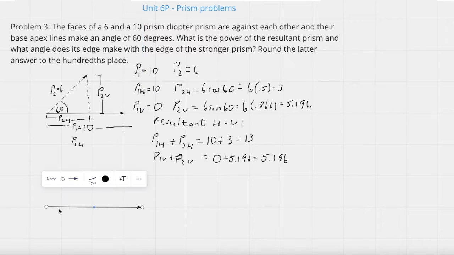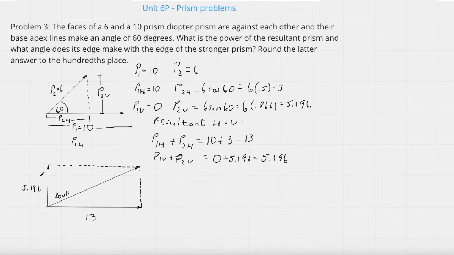We're going to draw these two vectors, the horizontal and the vertical, that we just calculated, horizontal being 13 and vertical being 5.196. And the diagonal vector is the resultant of these two vectors, and we'll solve for it using the Pythagorean theorem. A squared plus b squared equals c squared.